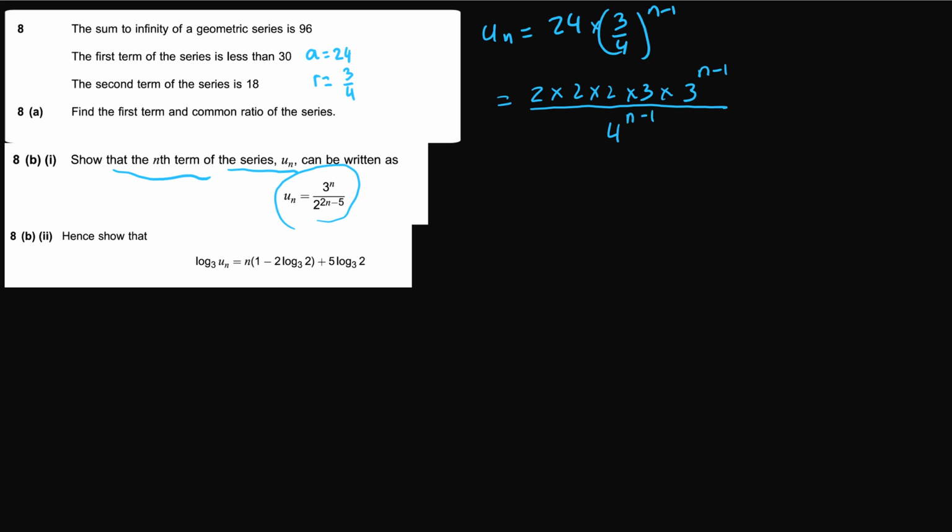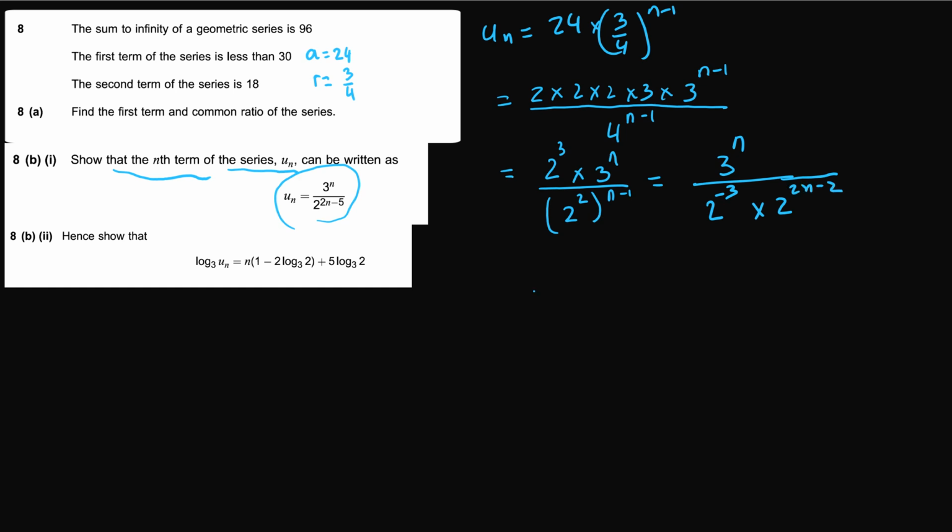So I can write this as 2 cube times 3 to the power n over 4, which can be written as 2 square, so 2 square to the power n minus 1, and that is equal to, I can keep 3 to the power n in the numerator and bring this 2 cube down, so it will be 2 to the power minus 3, multiplied by 2 to the power 2n minus 2.